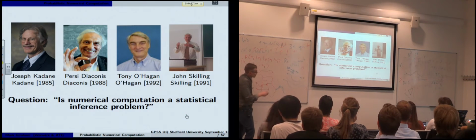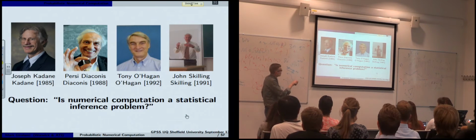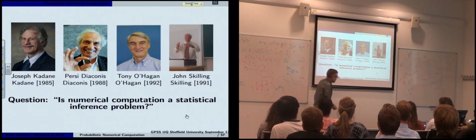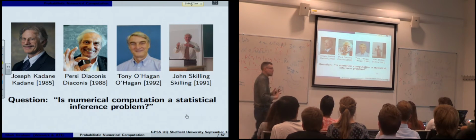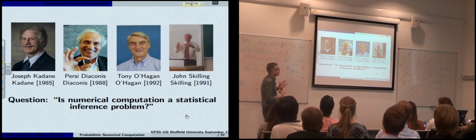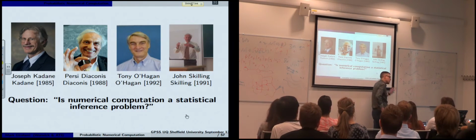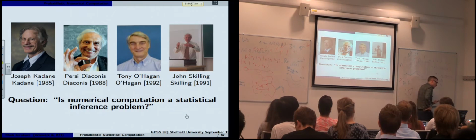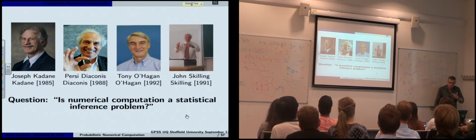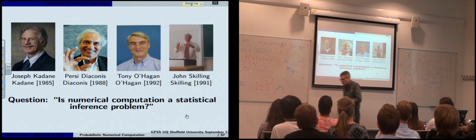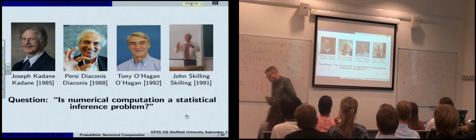So this isn't a radically new idea by any manner of means. Statisticians like Percy Diaconis, Joseph Kadane, Tony O'Hagan from Sheffield had been developing these ideas and this philosophical view from way back. But what's really interesting is that if you read the mathematics literature, way back in the 60s, early 70s, mathematicians were saying, okay, we want to approximate a function.